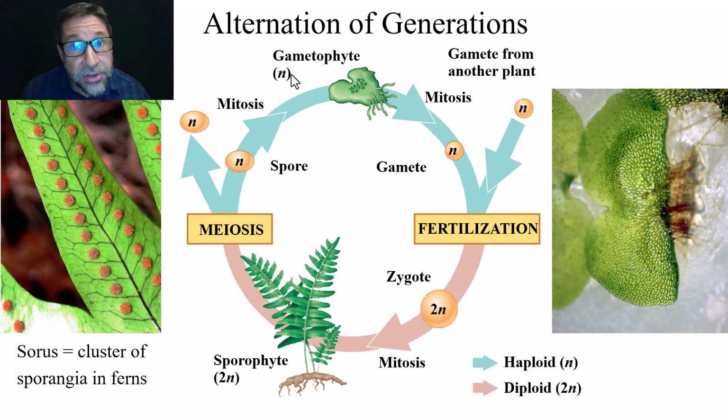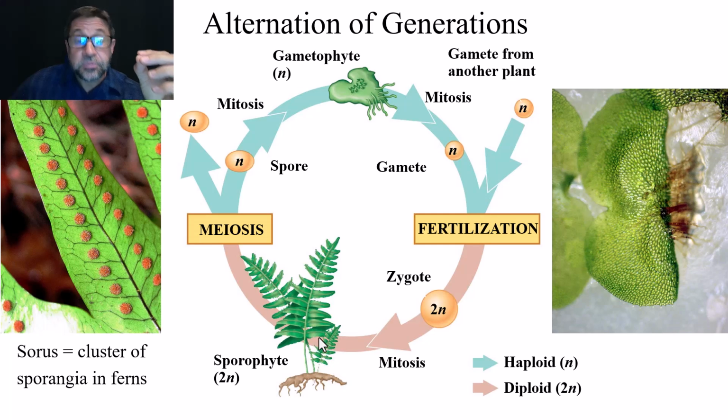When you look at moss growing on rocks, that's the stage that you're looking at in the mosses, the gametophyte, the multicellular haploid body. The gametophyte then produces the gametes, the sperm and the egg, which are going to fuse in the process known as fertilization, just like in animals, and create a zygote, just like in animals, returning that plant to the diploid state.